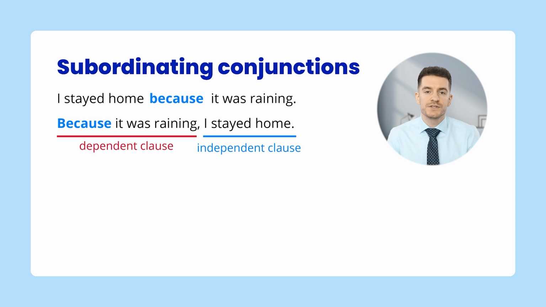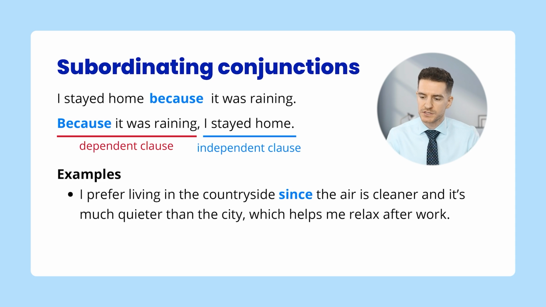So now let me show you some more examples of complex sentences using subordinating conjunctions. So this is a much longer one. I prefer living in the countryside since the air is cleaner and it's much quieter than the city, which helps me relax after work. Okay, so since here is a subordinating conjunction.